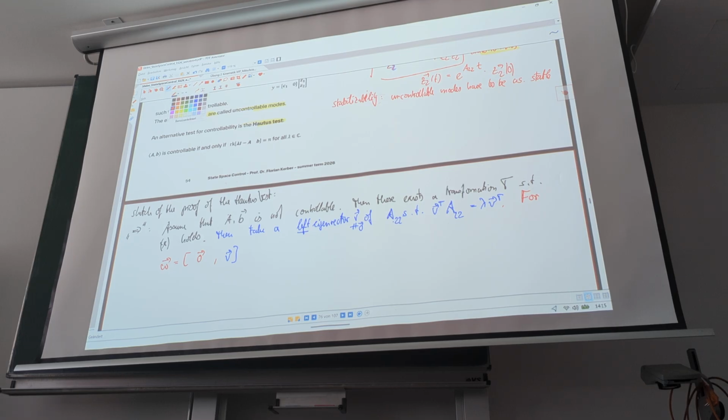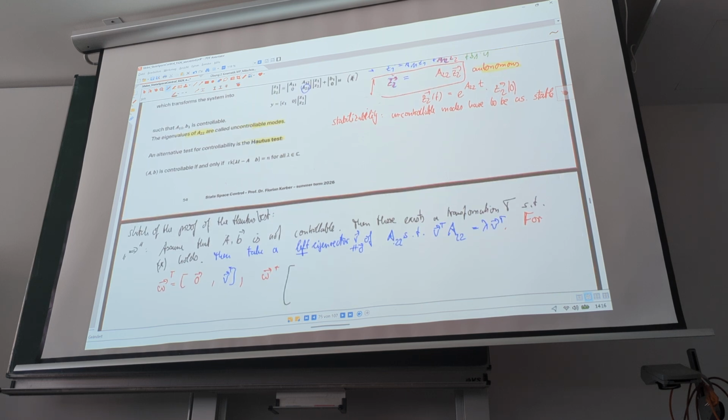Then for this part, we have the v. Let's make it all transpose so that it is in full notation: 0, v transpose times our transformed matrix, A11 minus lambda I, 0, A12, A22 minus lambda I, and then B1, 0.